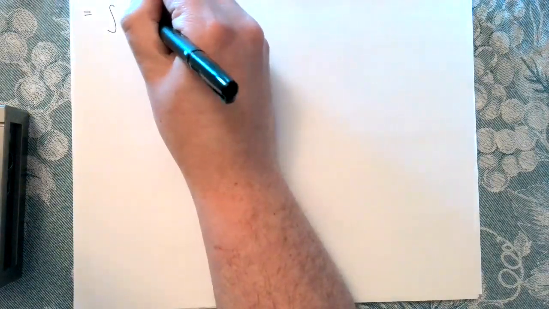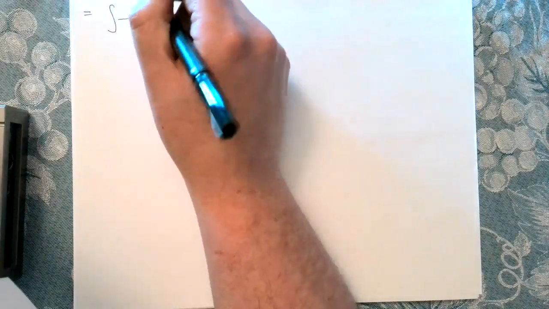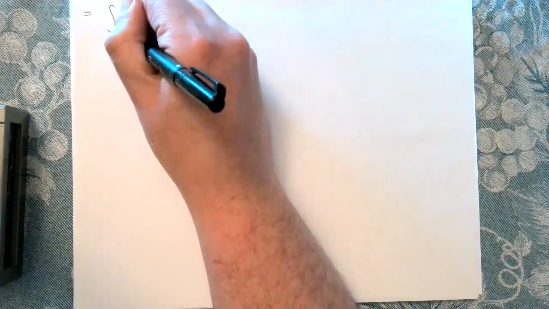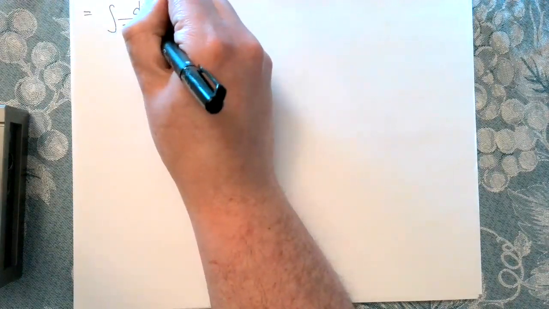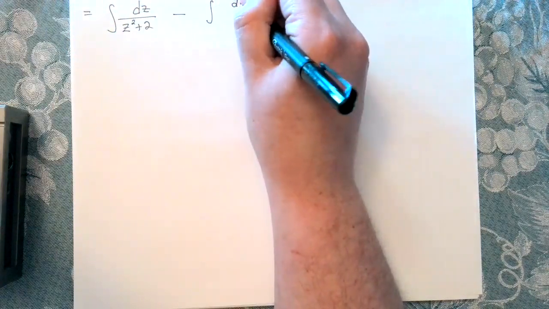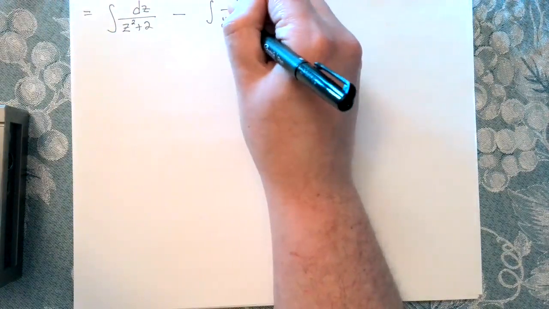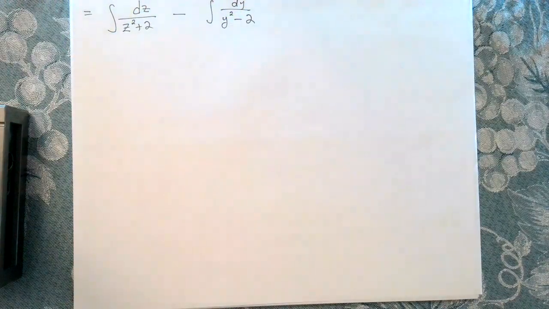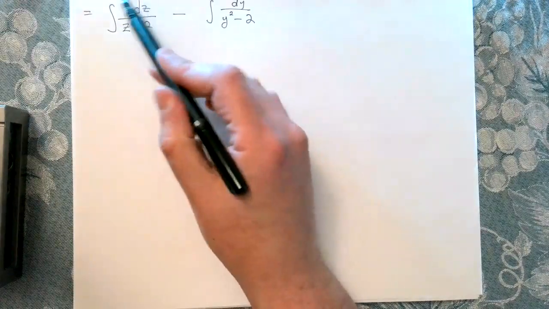Okay, so we've got, looks like dz we said, right? Over z squared plus 2. Okay, so minus the integral, we've got a dy over y squared minus 2. So I'm feeling pretty good about that, and hopefully you are as well. So think about techniques of integration. So this looks like it's in an arctangent form.